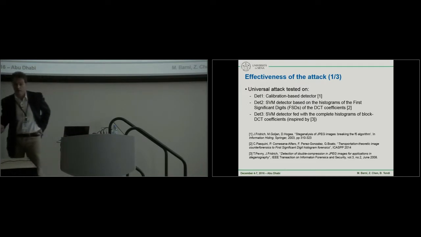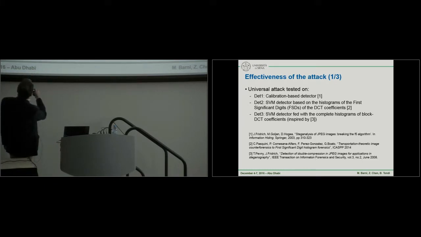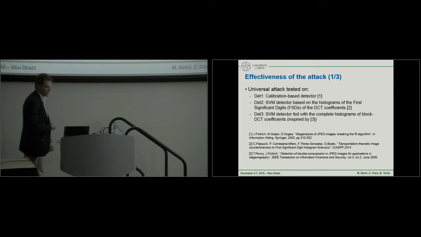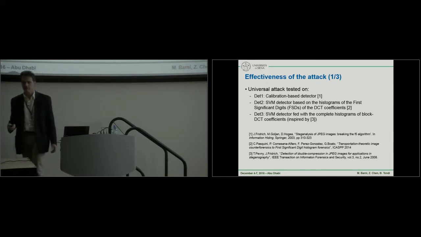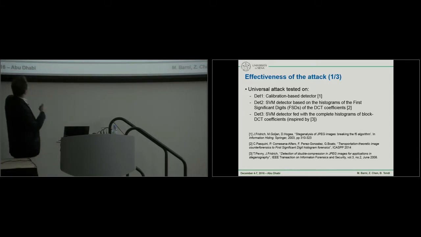This attack is universal because we do not exploit knowledge of the detector, and so we could test it against three kinds of classifiers. The first is a very well-known classifier in steganography, based on calibration. The second one is based on Benford's law. It basically computes the statistics of the first significant digits of the DCT coefficients, and then builds an SVM classifier on them.